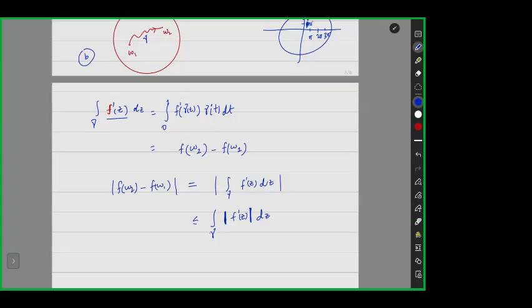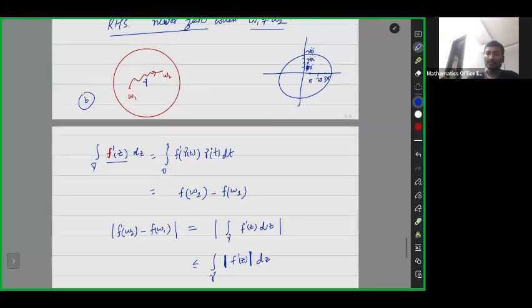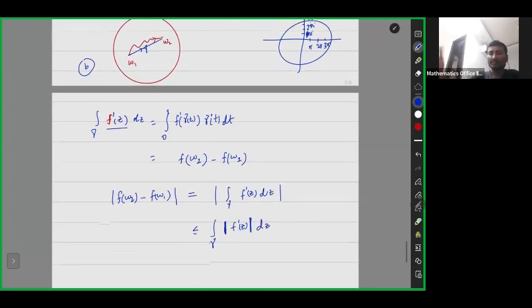And if you know that when a function has an antiderivative, we can take any curve and it gives the same integral over any gamma. So we can take gamma to be a line at any time.